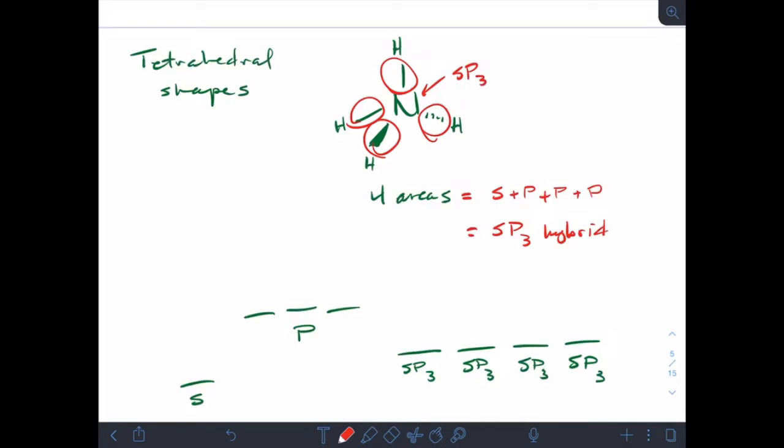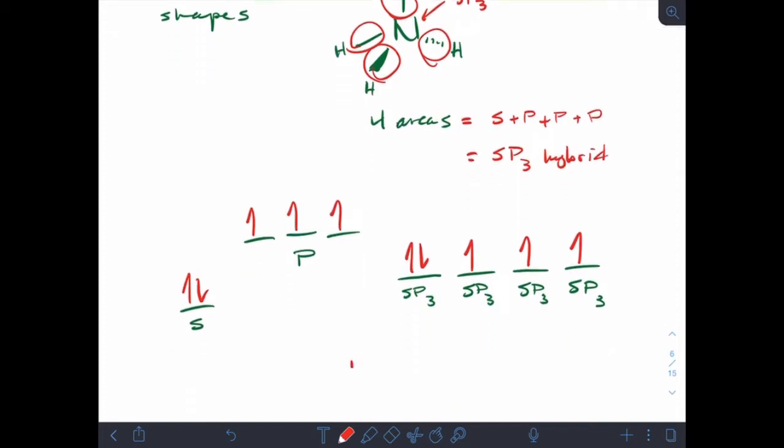Our nitrogen has 1, 2, 3, 4, 5 valence electrons, and I'm going to put all 5 of those in 4 new sp3 hybrid orbitals. Notice that I've used up all my p orbitals, so I don't have any unhybridized p's.